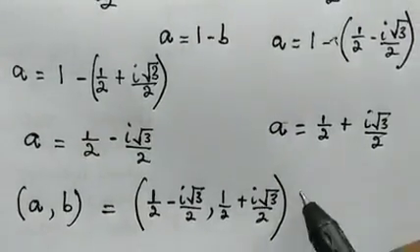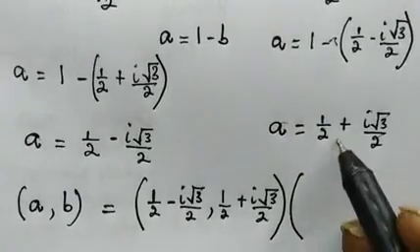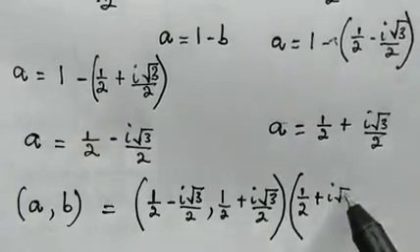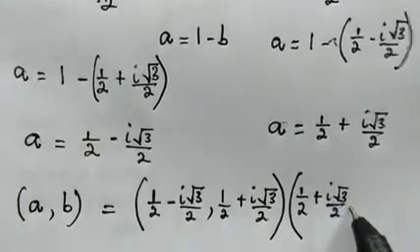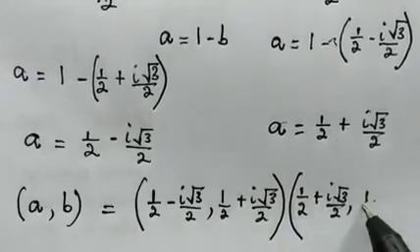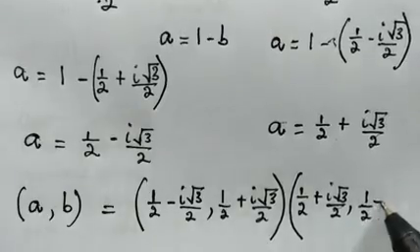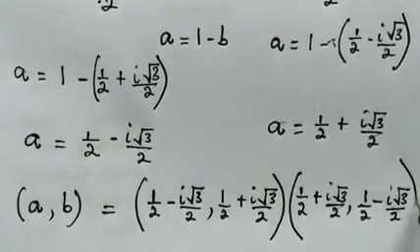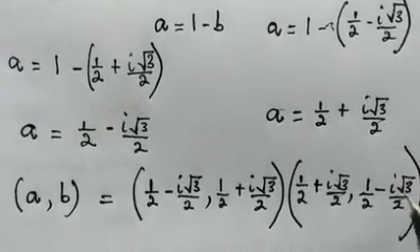And we have the final solution set. When a is equal to 1 over 2 plus iota root of 3 divided by 2, b will be equal to 1 over 2 minus iota root of 3 divided by 2. So here we have our solution.